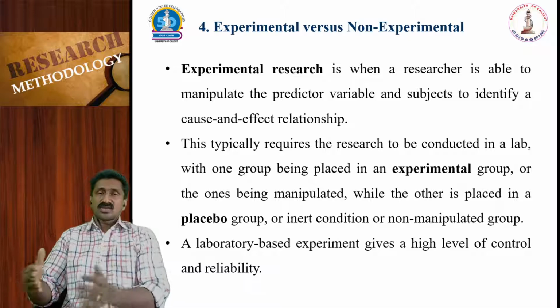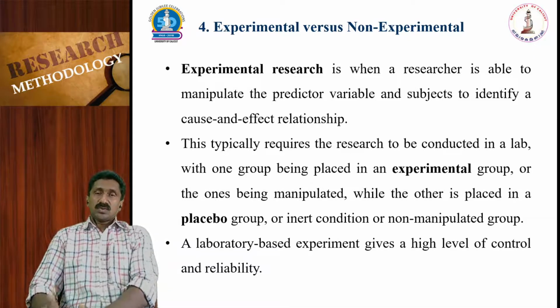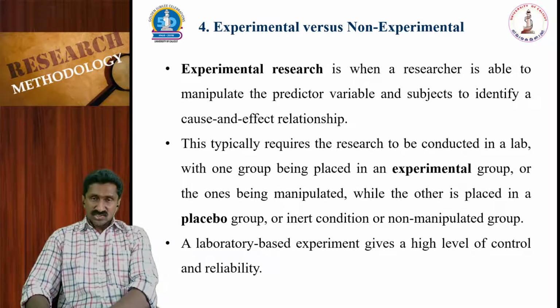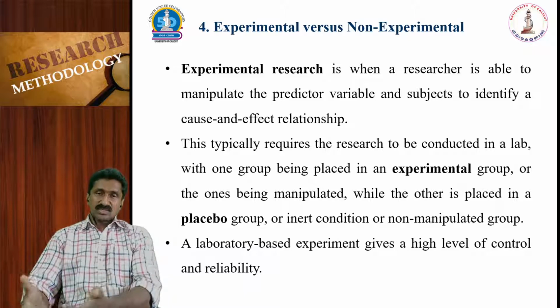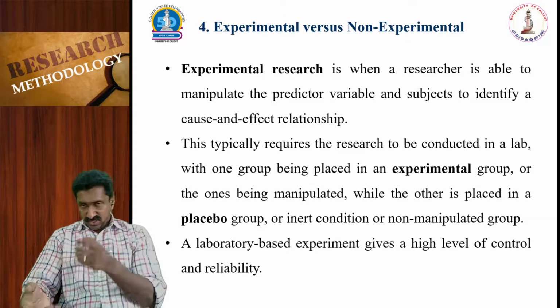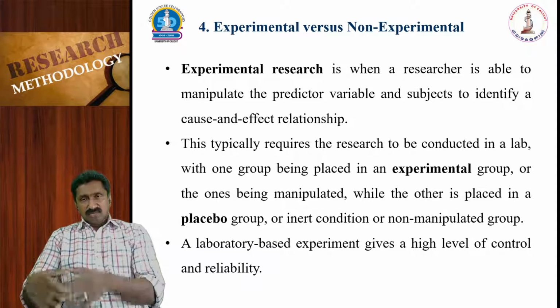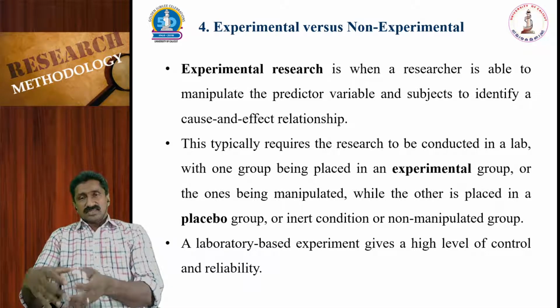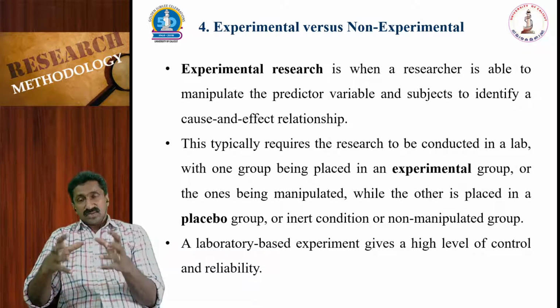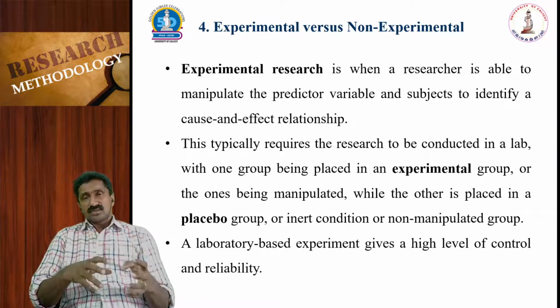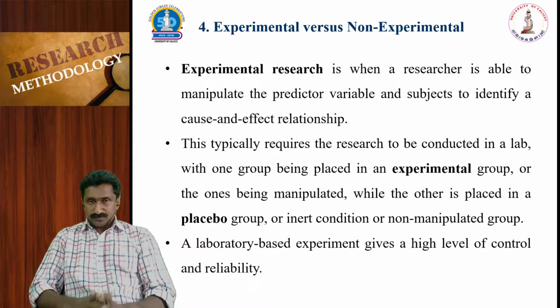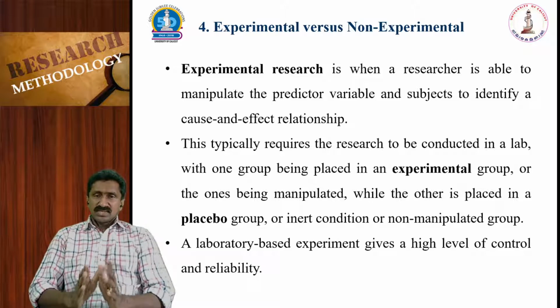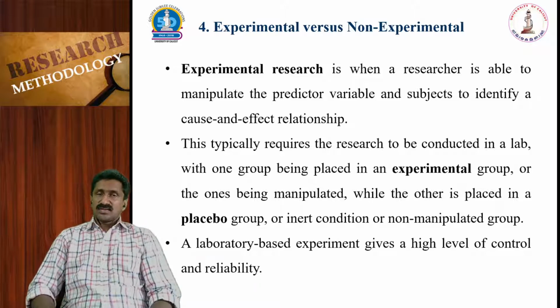According to your research design, you will have experimental groups in which you are performing the manipulation. Maybe you will administer the drug at various concentrations, and you can compare the results from the control group and the experimental groups. The laboratory-based experience gives a high level of control and reliability.